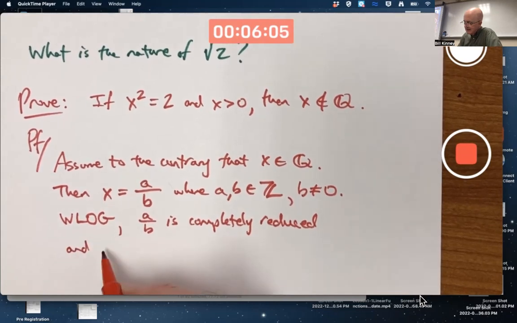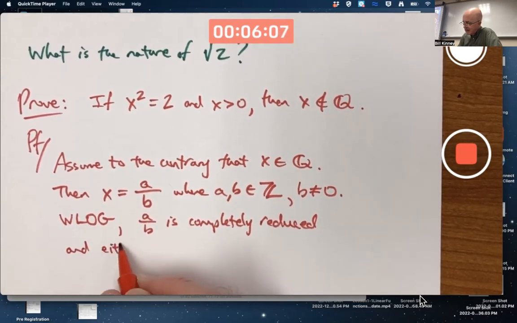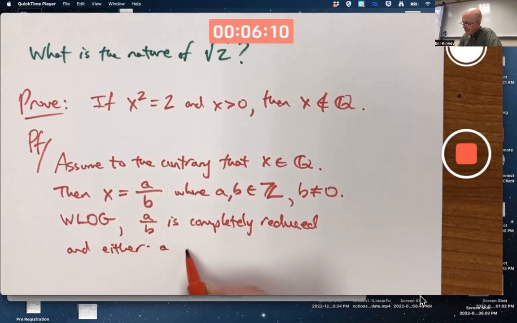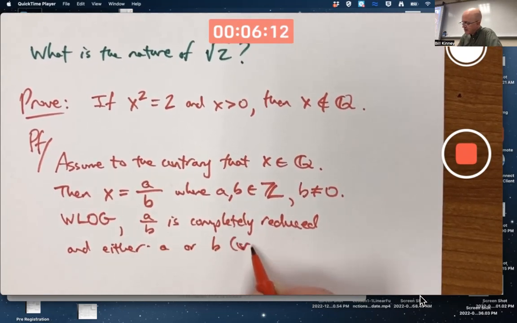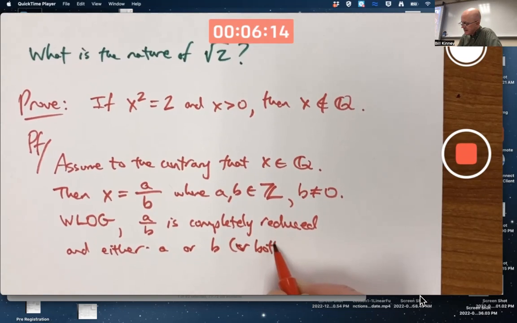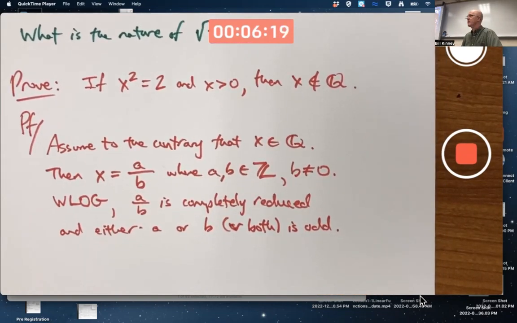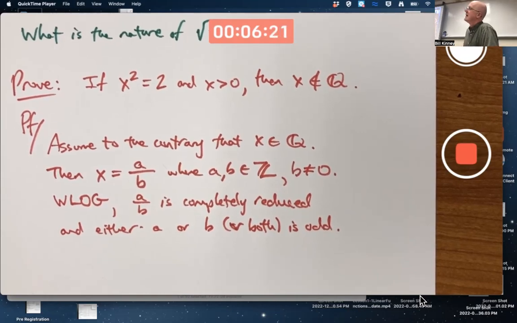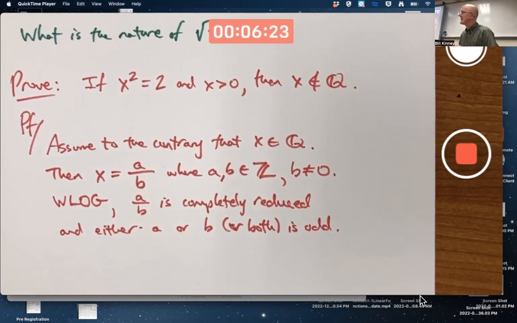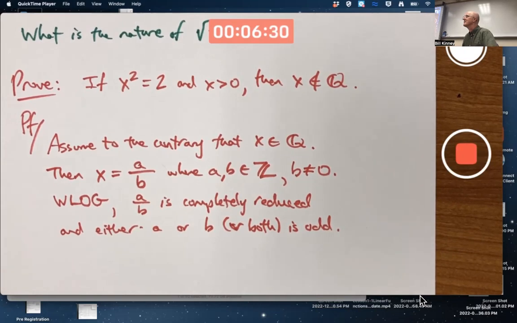Either A or B, or both, that's an inclusive or, is odd. Now, you wouldn't necessarily know in this proof that you'd need to make that assumption, but it certainly is an assumption that can be made, and it turns out to be the key to the proof, besides assuming X is rational to begin with. To go ahead and assume you reduced it so that either A or B is odd, and possibly both of them are odd. They can't both be even.